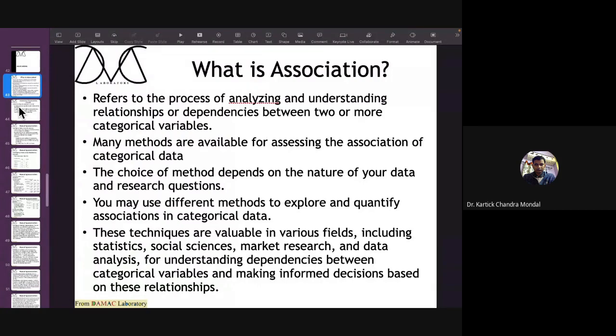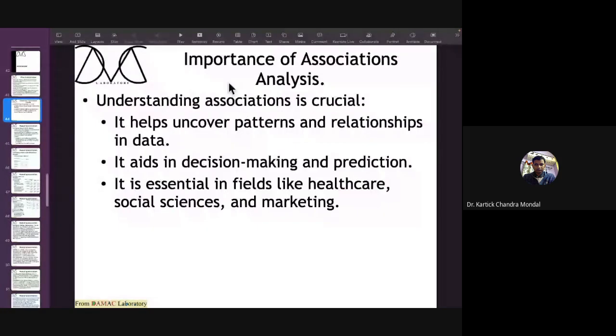Now why do we need to understand this association? Because if we know that two attributes are related, then we can take many important decisions and also predict many important things from the data set.